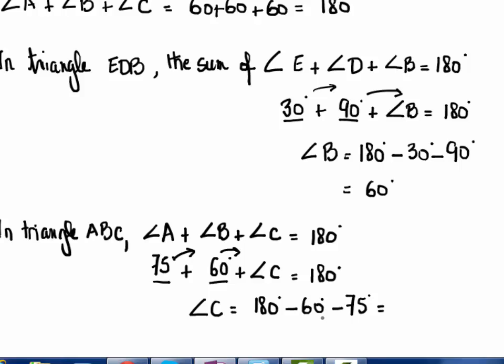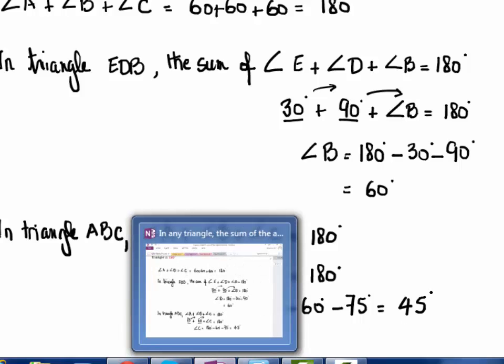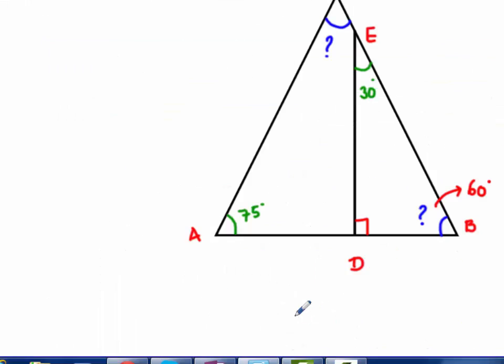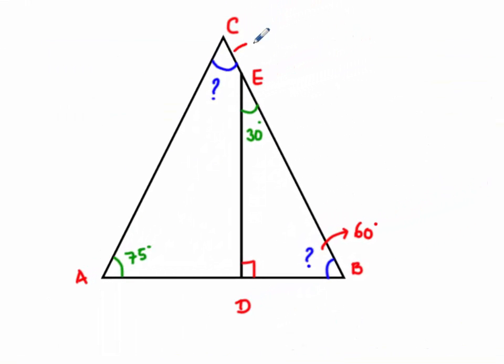I subtract the 135 from 180, and that gives me 45 degrees. So now I can go back to the drawing and say, okay, angle C in this case is 45, and I can check: 45 plus 75 equals 120. 120 plus 60 equals 180. That means I'm doing a great job.